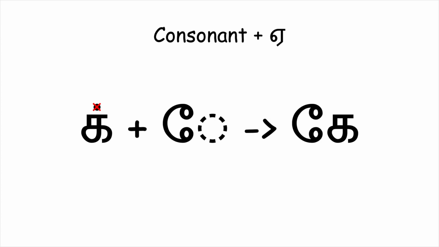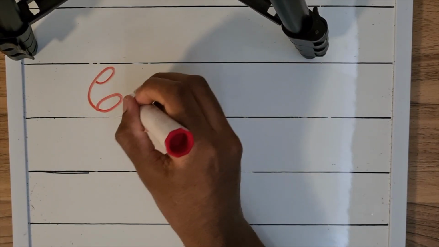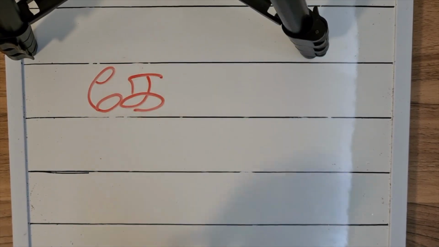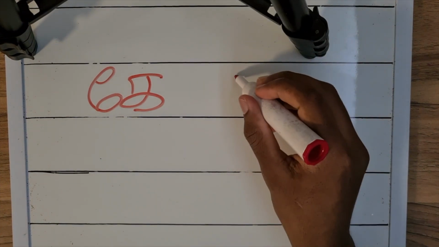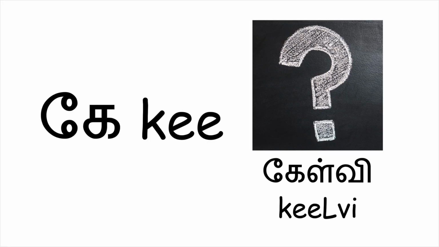Let me show you how to write ke. An example word that starts with ke is kelvi, which means question.